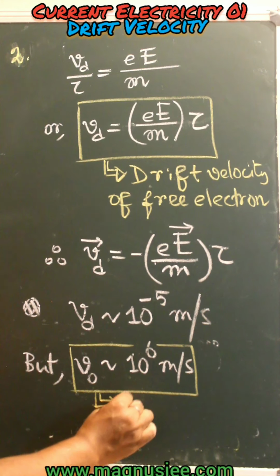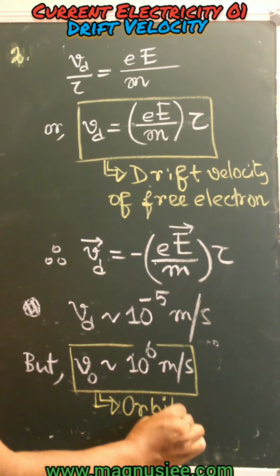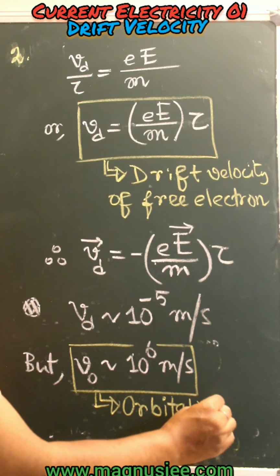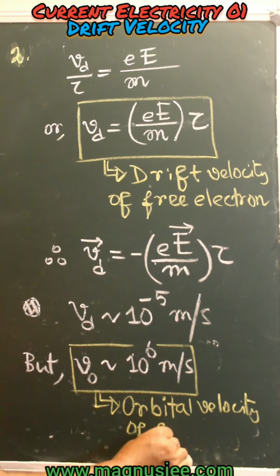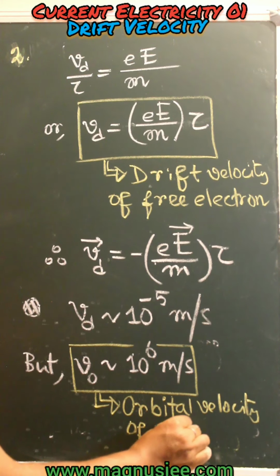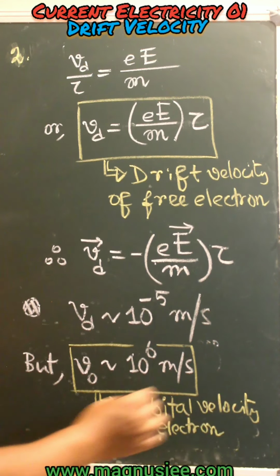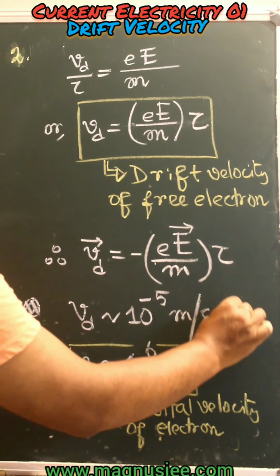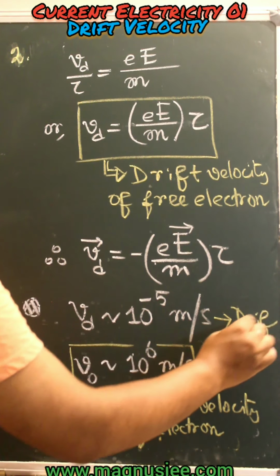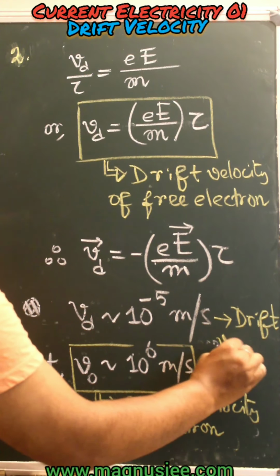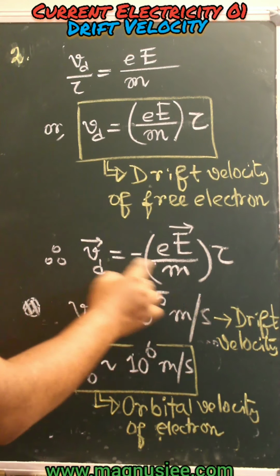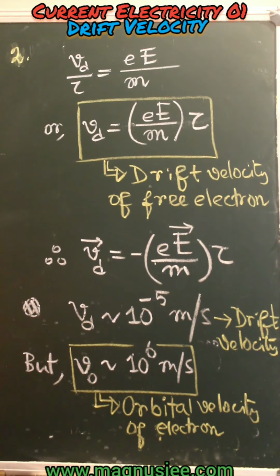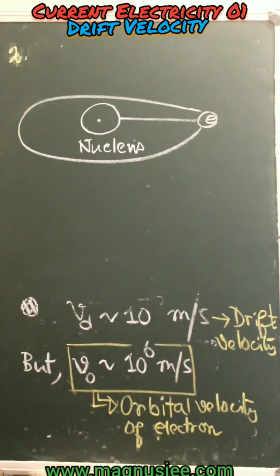This is the orbital velocity of a bound electron, not a free electron, while Vd is the drift velocity. Vd is a very small velocity and V0 is a very large velocity.